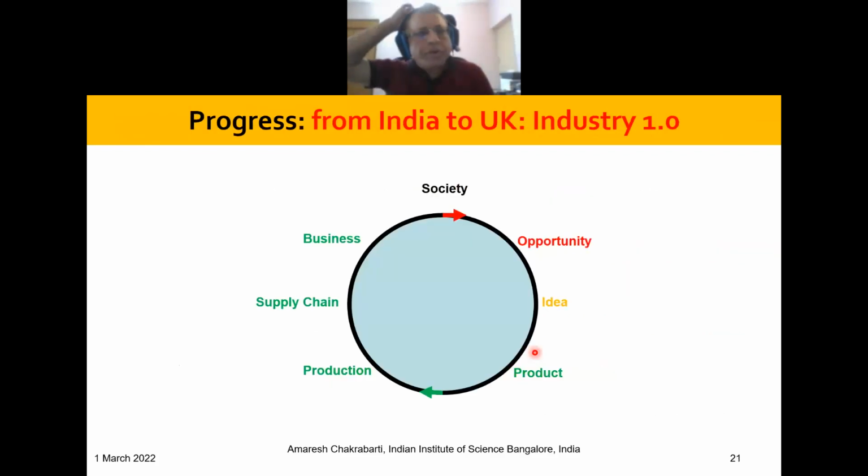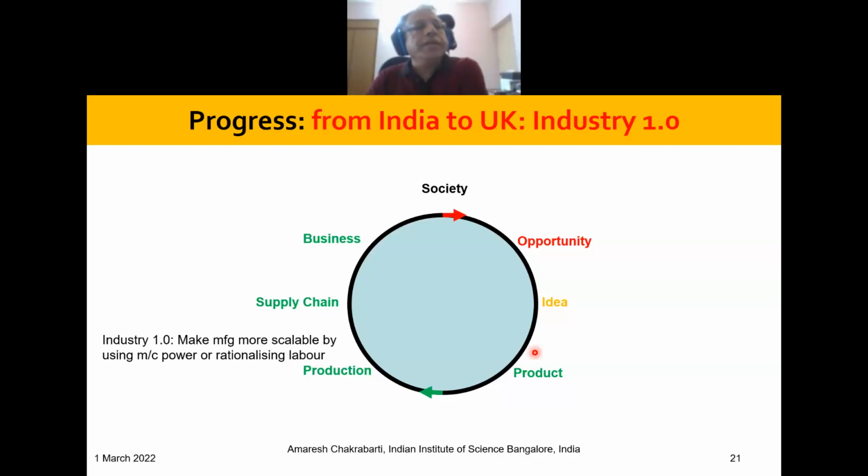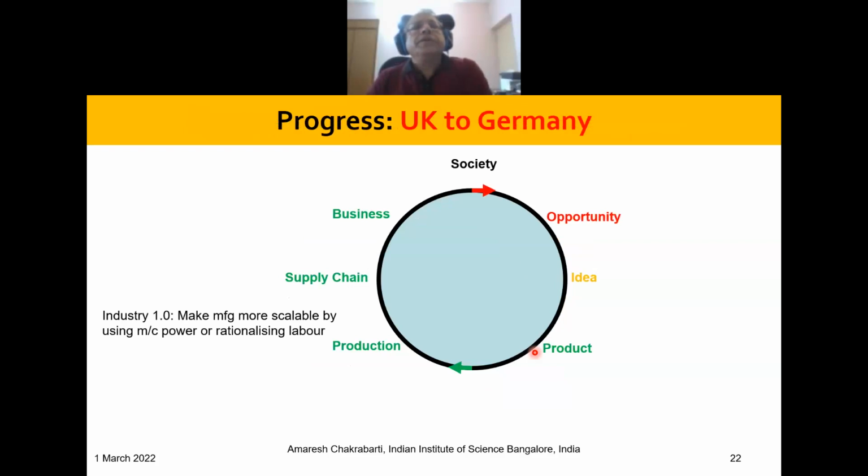So just going back to this innovation cycle diagram, if we look back at the four industrial revolutions, what was it that the UK was doing? The UK was trying to make Industry 1.0. They were trying to make manufacturing more scalable by using machine power and rationalizing labor. Now, the journey from UK to Germany, they were trying to make manufacturing not only scalable using those, but also connecting industry to academia for better translation of ideas to production.